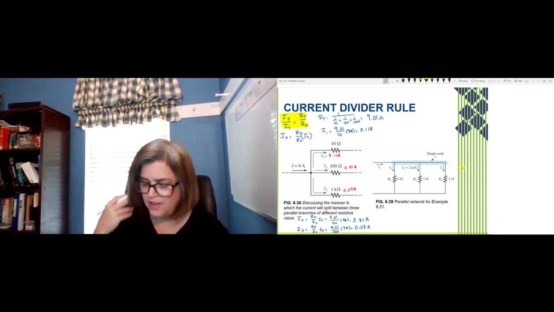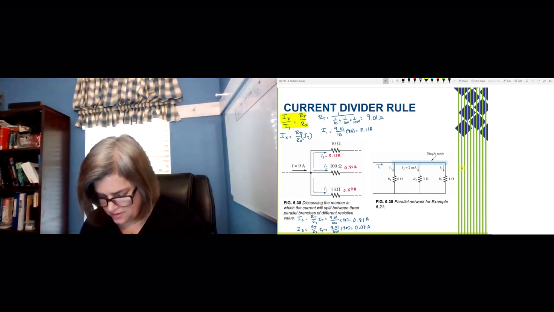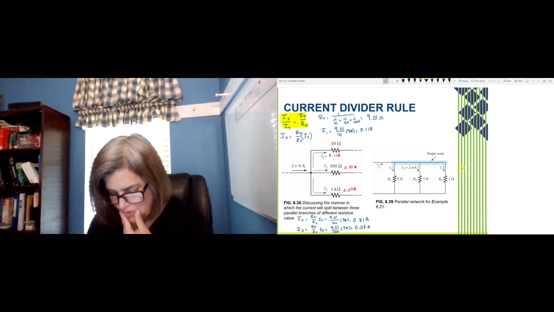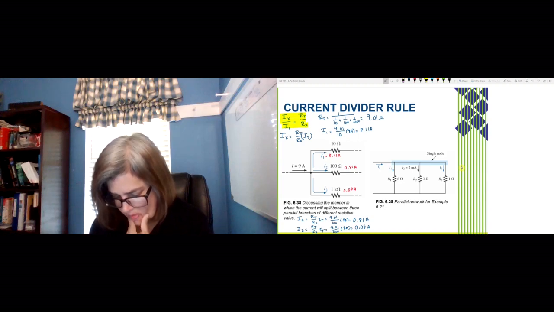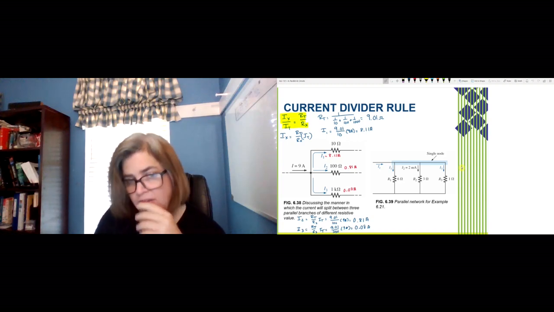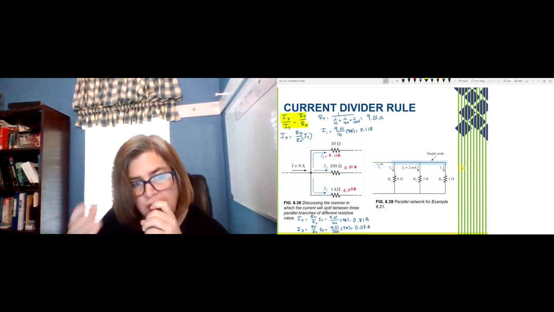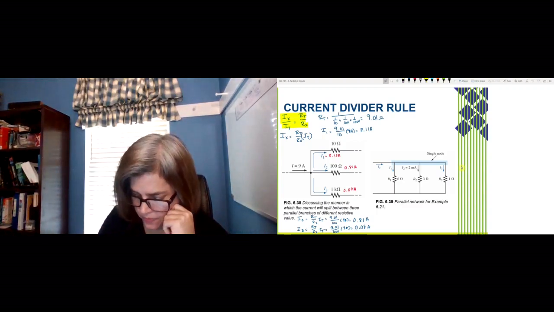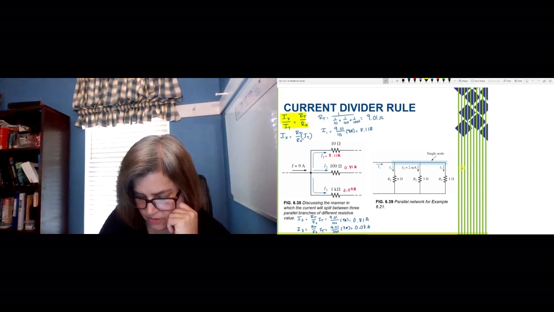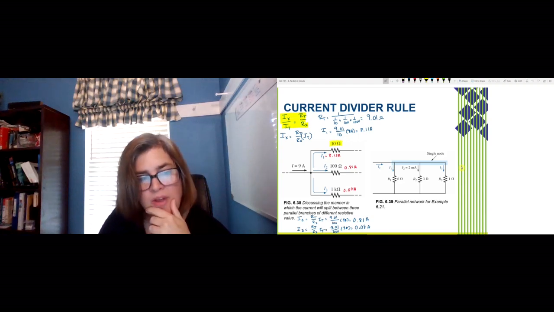So let's apply this again to our circuit. Now actually, let's talk about the ratio here before we move on from this circuit. The 10 ohm resistor saw about 8 amps of current through there.